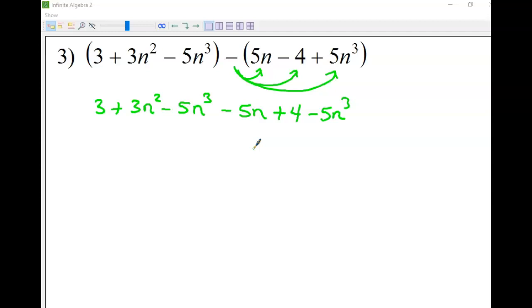After that, we're just going to combine like terms. Is there anything like the 3? Yes, 4. So it becomes 7. How about the n squared? Wait, there's no other n squareds, is there? No. Okay. So I'm just going to bring that down as is.